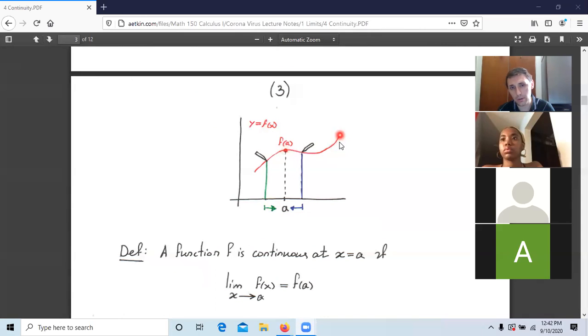They should, from right and left, merge in the same point. If the left and right marker merge in the same point, that means the limit exists, and the point where they merge has to be a solid fixed point. Here, a solid point. So that means it has to be f of a. So that statement is supposed to capture the idea of wholeness at this one point.